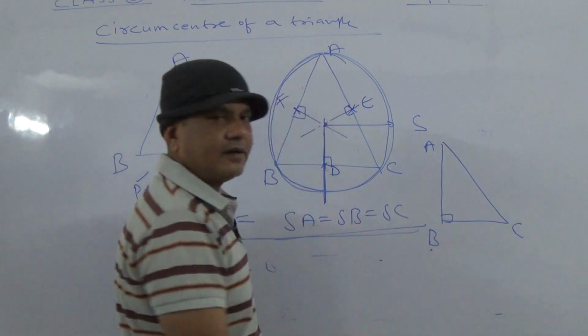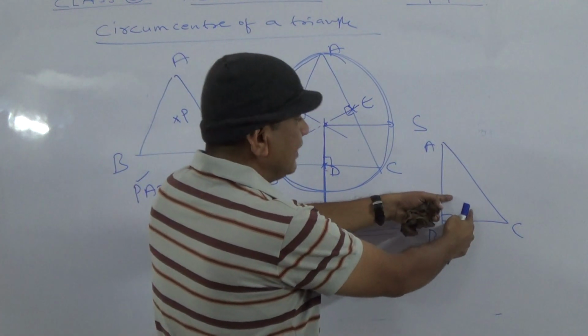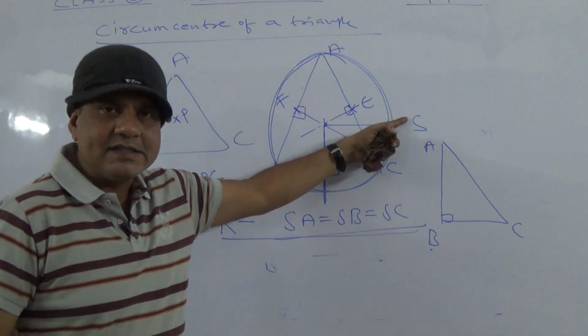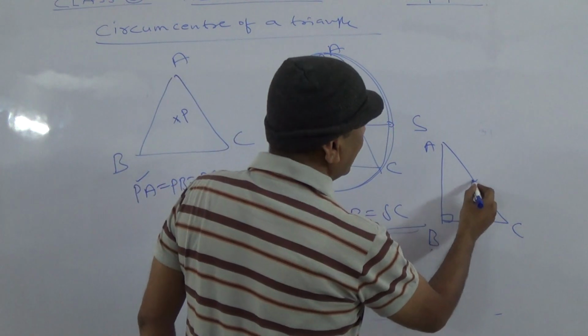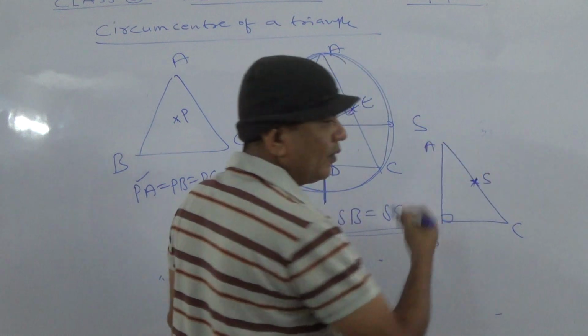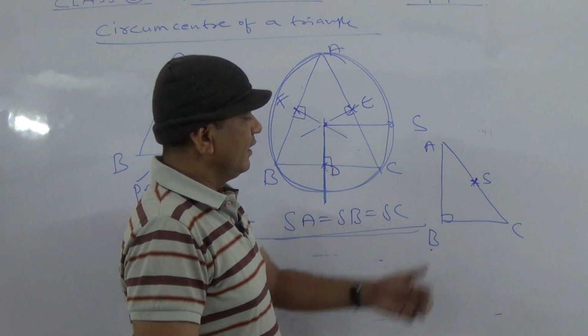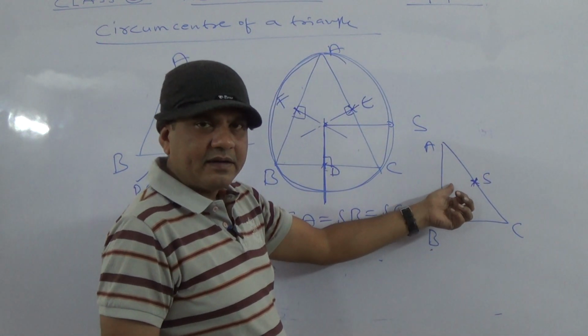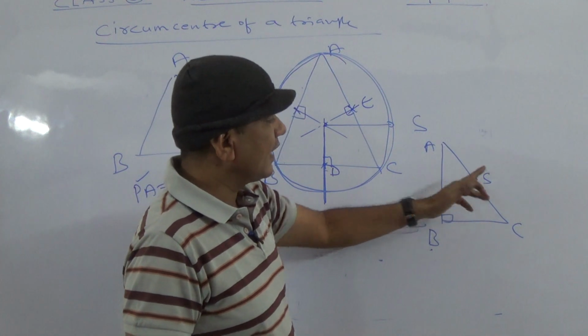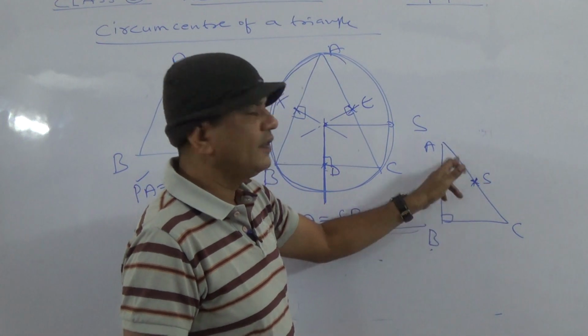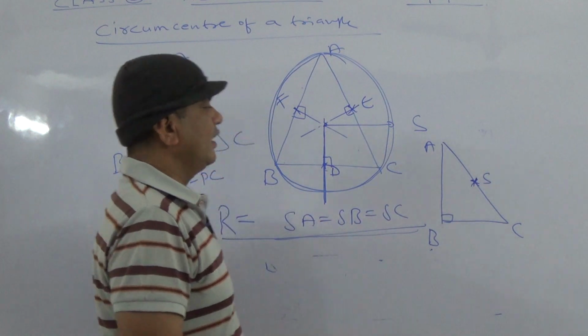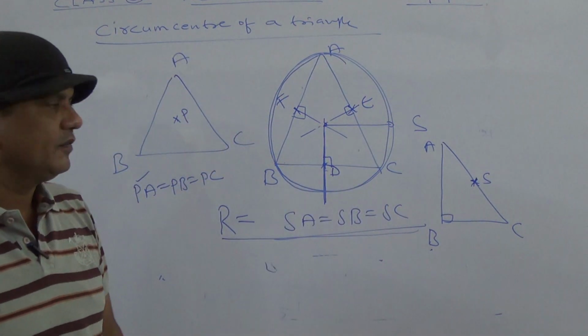In a right angle triangle, the circumcenter S is the midpoint of the hypotenuse. Okay, this is the circumcenter.